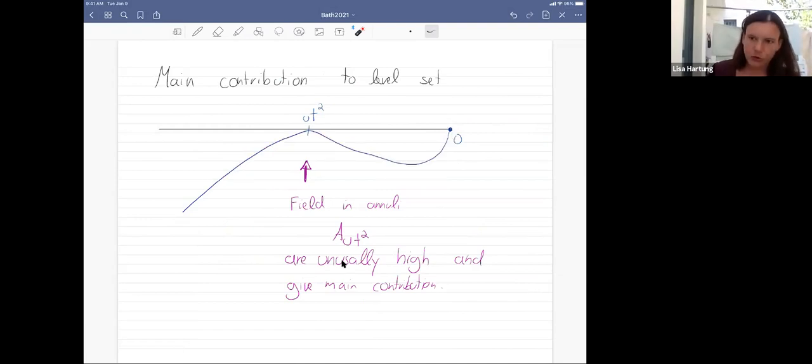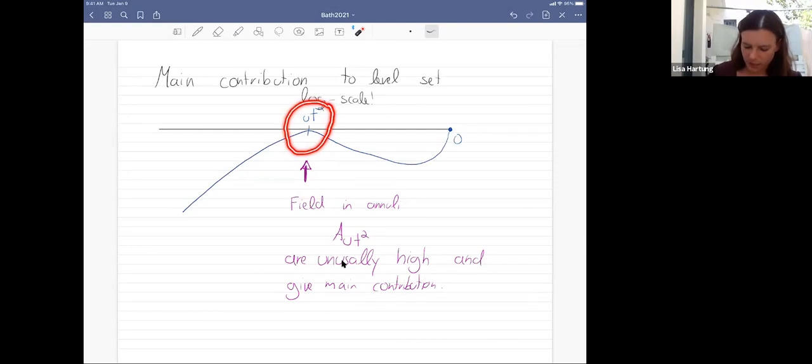And what we observe, if we now turn this back into how many points are there, is that the main contribution to our level sets comes from mountains where the field at distance ut squared is high. So in this picture, we are on the log scale.